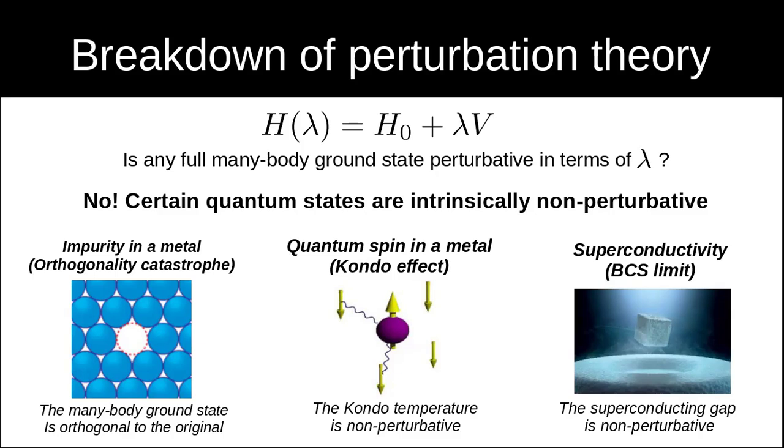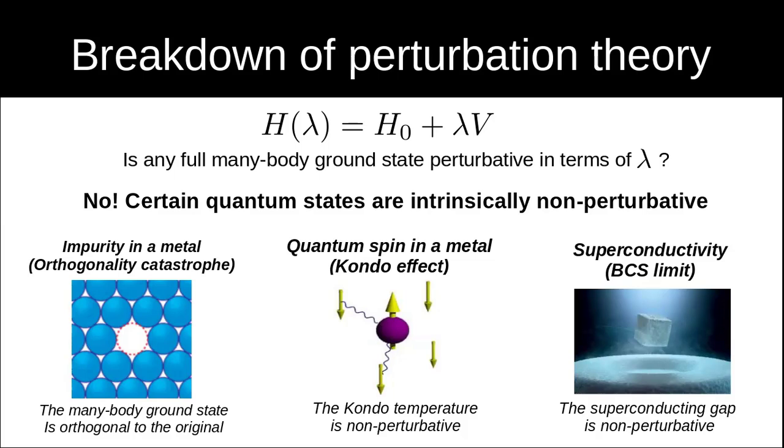And in particular, there are several famous cases where perturbation theory does not hold, or at least the simplest form of perturbation theory. And this is the case of, for example, when you add an impurity to a metal that gives rise to something that is called the orthogonality catastrophe, that effectively makes all your wave functions automatically orthogonal to the original wave functions, even with a very small perturbation.